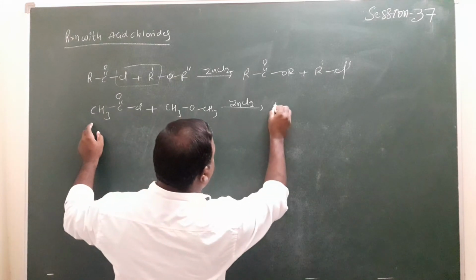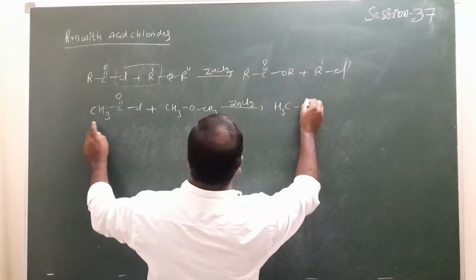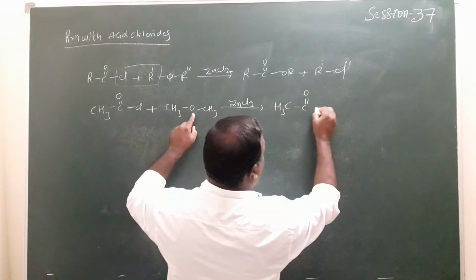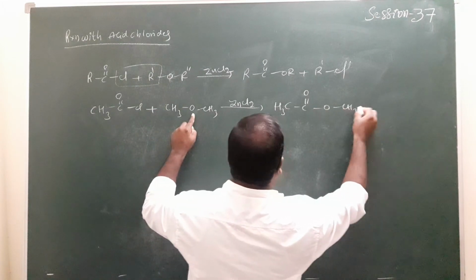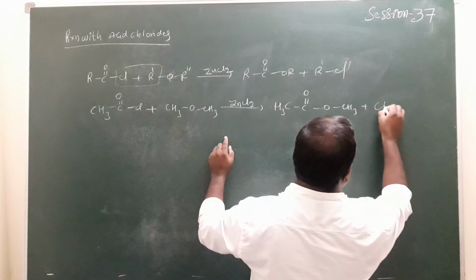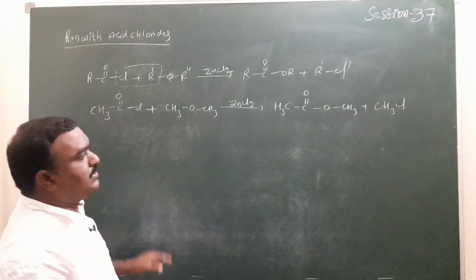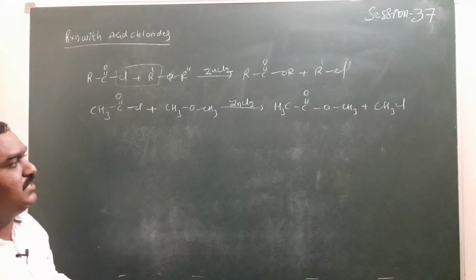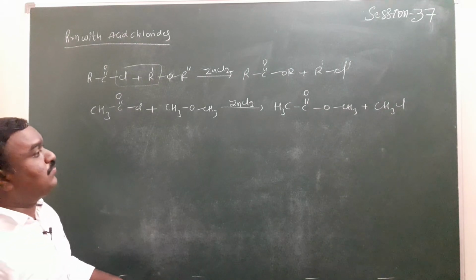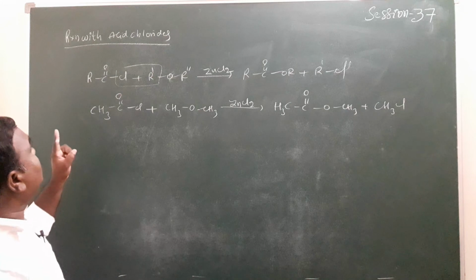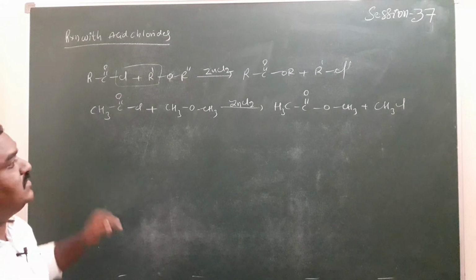It forms CH3COOCH3 plus CH3Cl. Methyl chloride is formed here. Methyl acetate is formed here. This is the way to form the products wherever ethers react with acid chlorides.